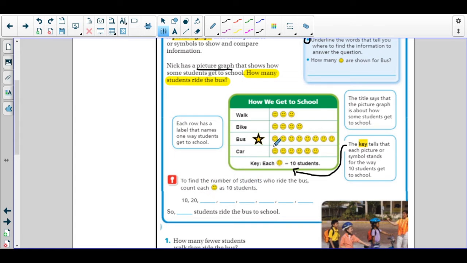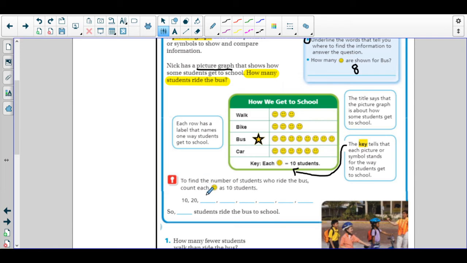So the bus has 1, 2, 3, 4, 5, 6, 7, 8. That will answer this question up here. 8. But each one of these is worth 10. All right, so we could say 10, 20, 30, 40, 50, 60, 70, and then 80.